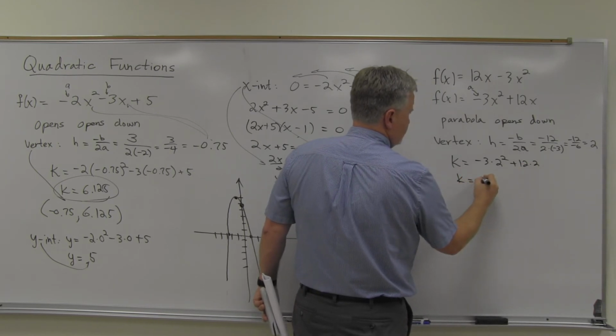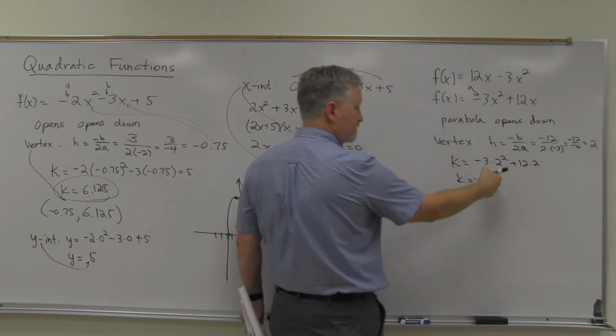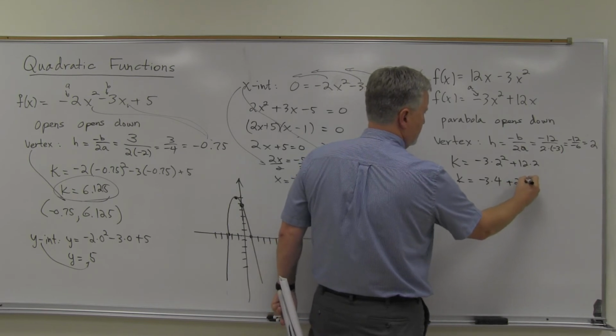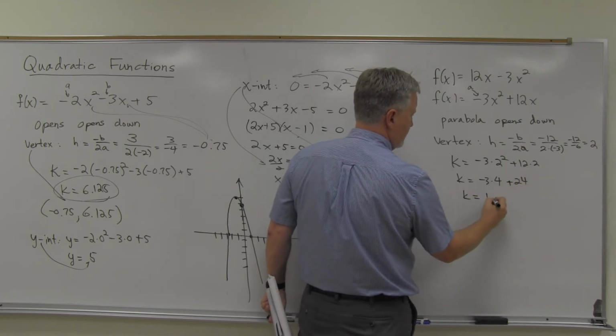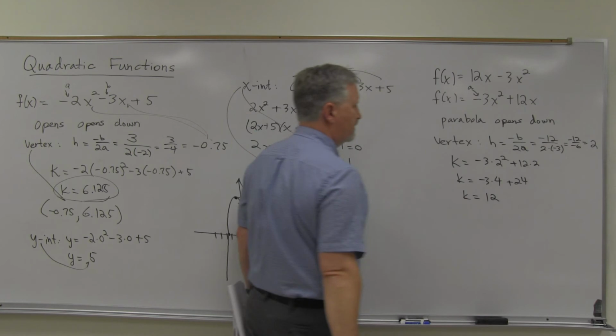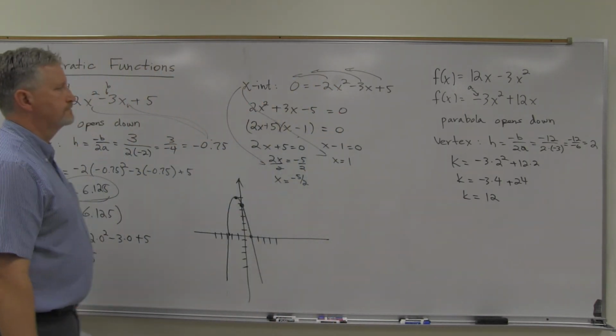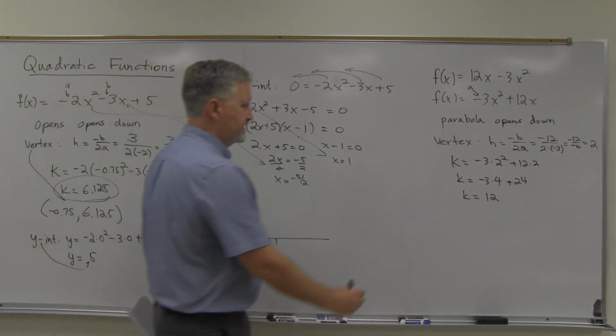So k is negative 3 times 4, plus 24, and so that's going to be positive 12. These are my vertex: 2, 12.